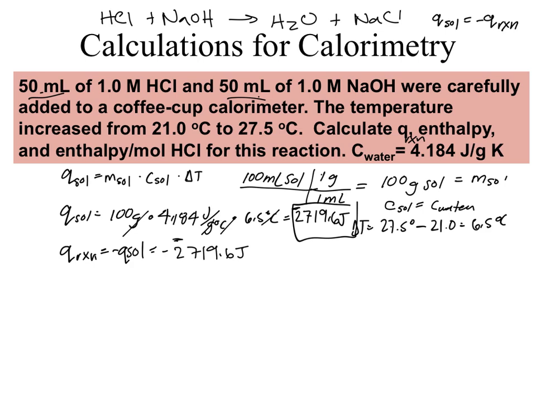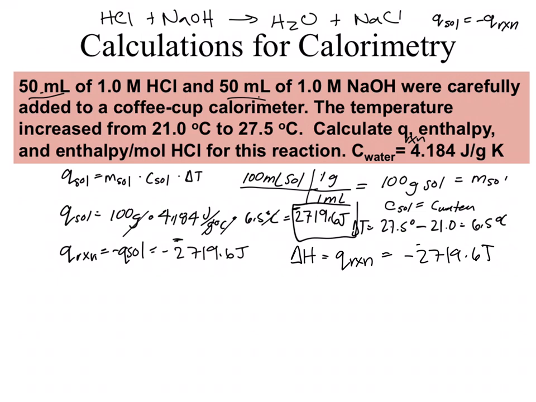Now we want to find our enthalpy value. And remember, because this is a constant pressure situation, our enthalpy value is equal to our Q of reaction. So this is our corresponding enthalpy value.